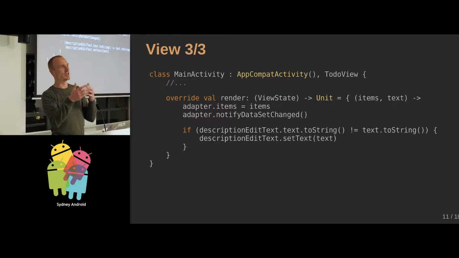The EditText has other state as well, for instance, the position of the caret is state as well. And if we set a new value, it will reset the caret position to the beginning, which is annoying if you type, because then the caret is constantly jumping to the beginning. So in this case, we only want to update the text if it was not a result of the typing, but because of another result. So we'll look later at how that works.